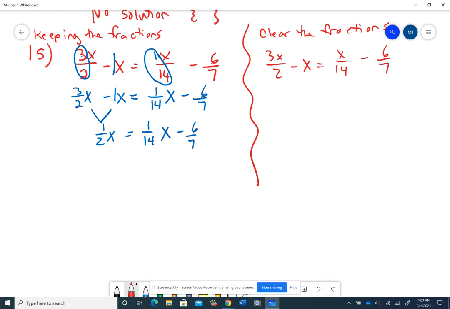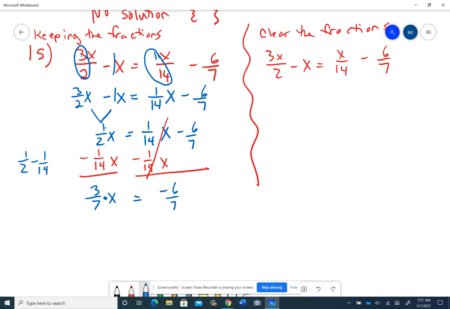Then you can bring your variable terms together by subtracting 1/14 x. When you do, that's gone on the right, and you have just negative 6/7. On the left, you would do the 1/2 minus 1/14 on your calculator, and that would turn out to be 3/7.